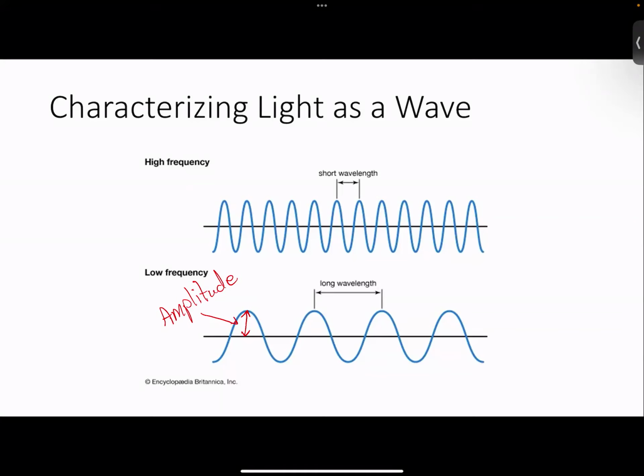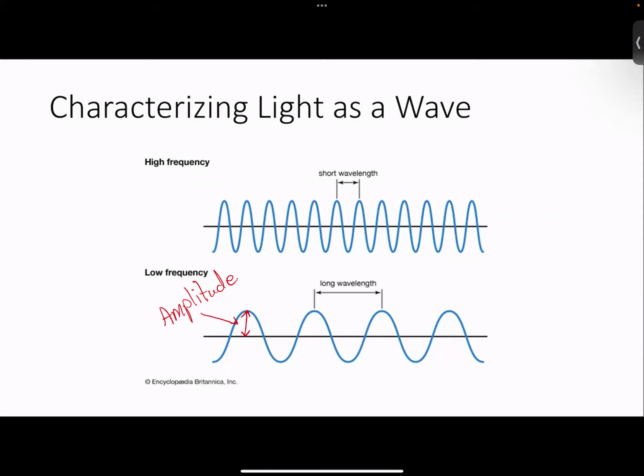So the larger the amplitude, the more intense the light is. You can think of a flashlight with brand new batteries. It shines very bright. It has a large amplitude. And you can think about a flashlight whose batteries are almost dead, that are just barely shining. That would have a low amplitude. So in other words, the amplitude is directly related to the intensity of the light.